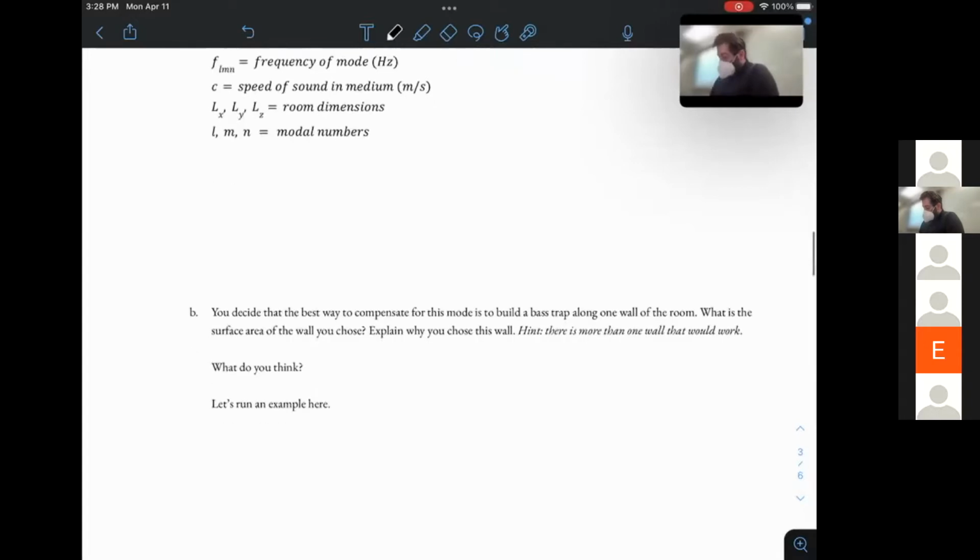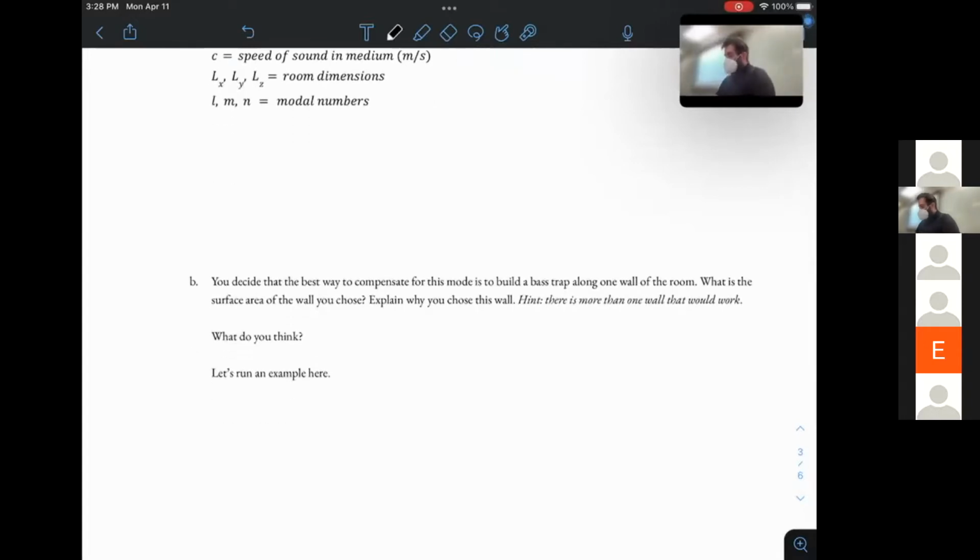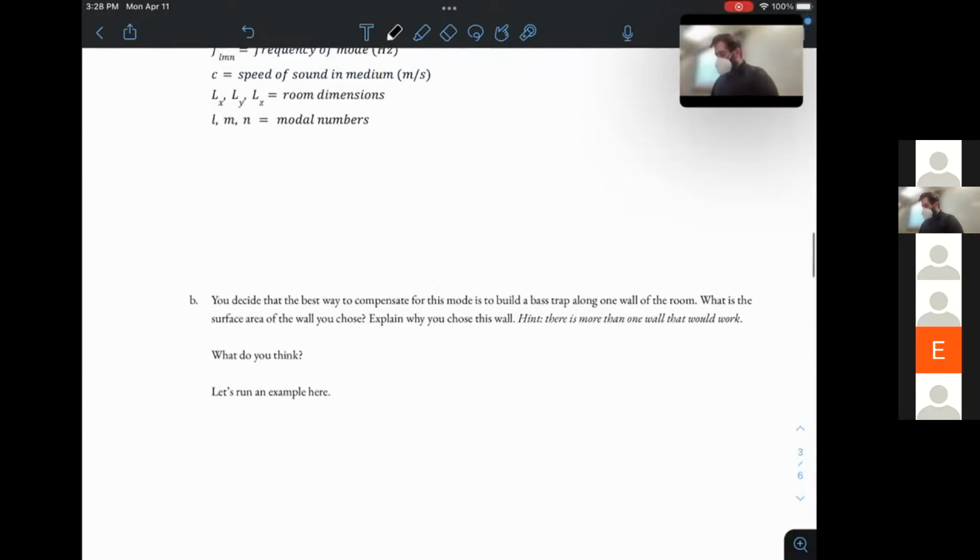Okay, you decide the best way to compensate for this mode is to build a bass trap along one wall of the room. What is the surface area of the wall you will choose, i.e., which wall is it? So let's talk about a hypothetical here. Let's say I find that the mode I'm interested in is 1, 0, 0, okay? And let's call this dimension X, going this way.